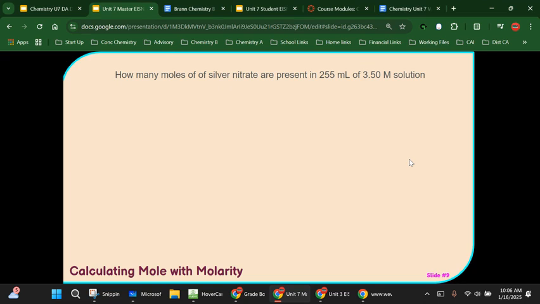It didn't ask for grams. I can stop here. If it had asked for grams, okay, AgNO3: 1 times the mass of silver, 107.87. Is that what it is on your sheet, or is it 107.9? No, it's 107.87. Good. Plus 1 times nitrogen, 14.007. Thank you, Eric.